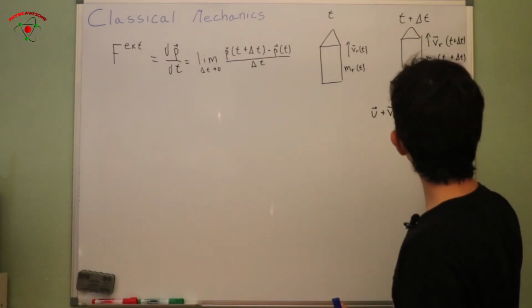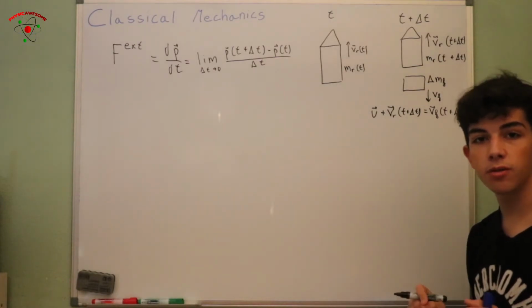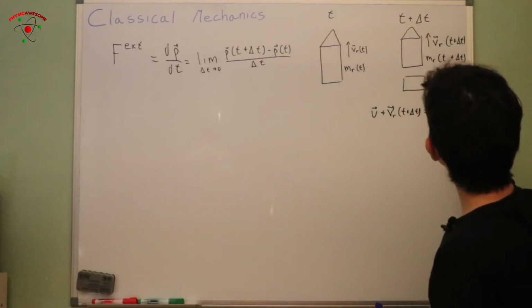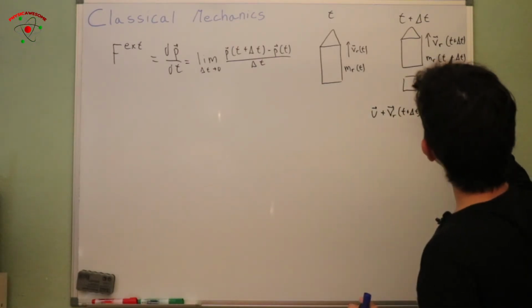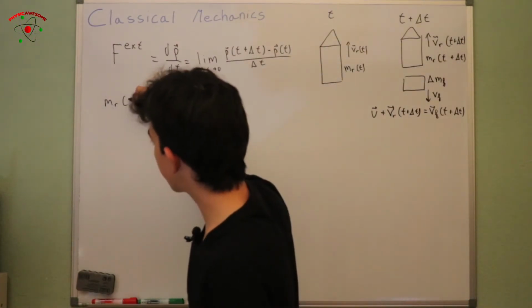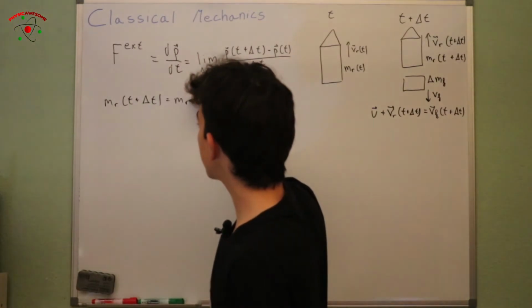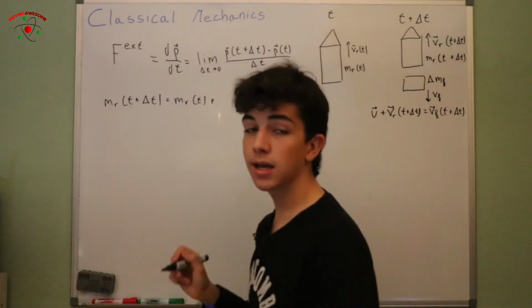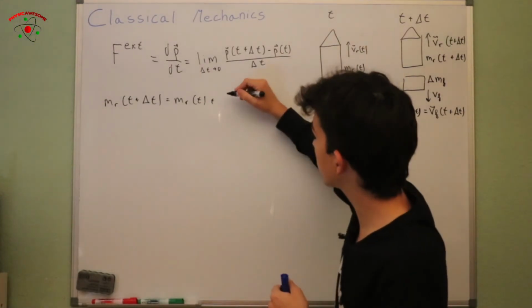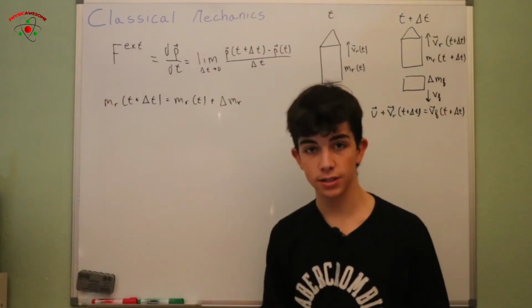Now we also need to consider something about our little mass, and that is that we're going to consider m_r of t plus delta t as m_r of t plus a small mass element that has changed.